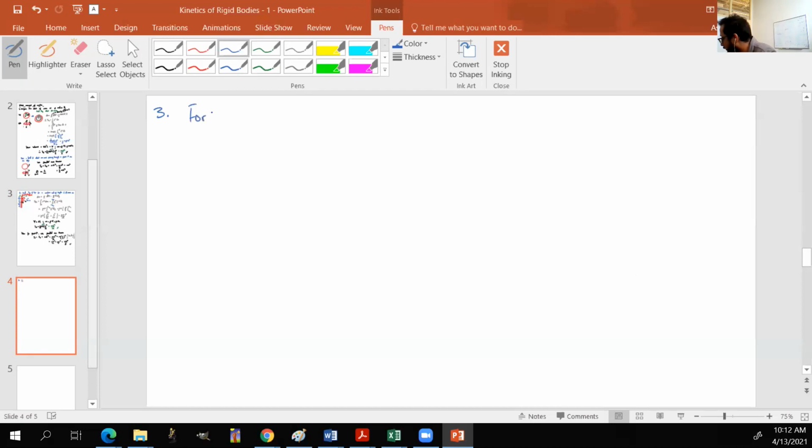For the composite shape shown below, find IG about the x-axis, and also find the radius of gyration.